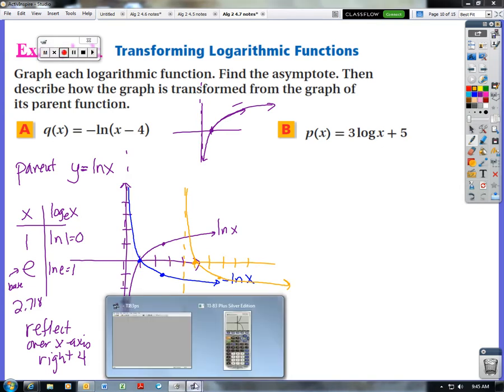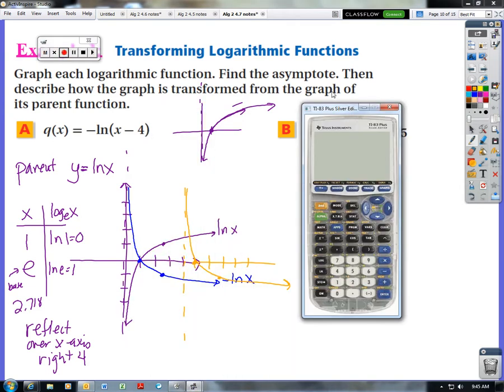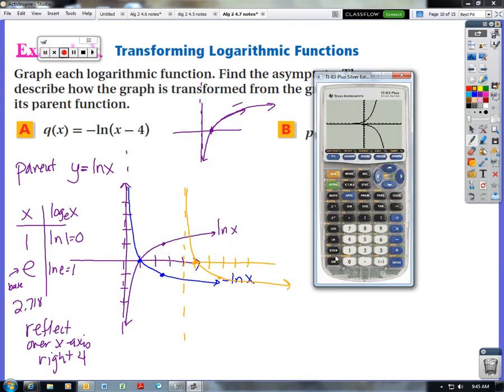Let's graph it on the calculator real quick to make sure we did it correctly. Y equals, clear, clear. So negative natural log of x minus 4, graph. You can see at 4 here, there's your vertical asymptote.